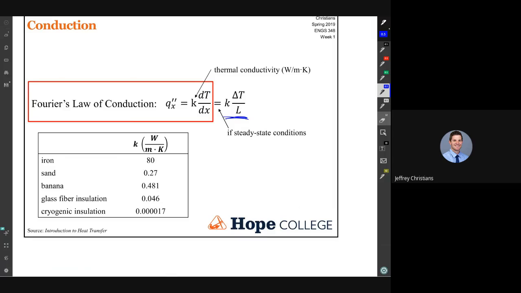So we'll use that to our advantage, that both conduction and convection, at least in simplified cases, are basic linear with temperature. If you double the temperature difference, you double the conduction. If you double the temperature difference, you double convection. Just a really useful and handy thing, if you walk away with nothing else from this class, that's useful.